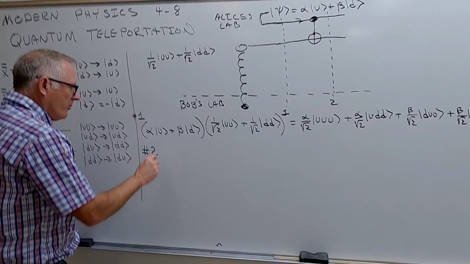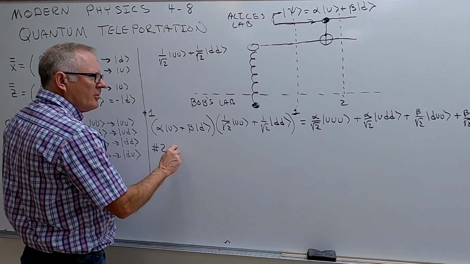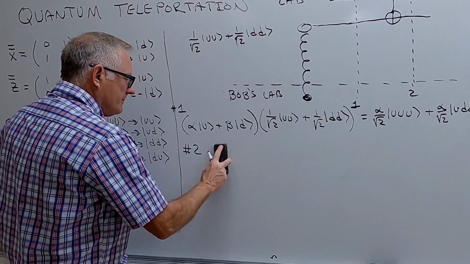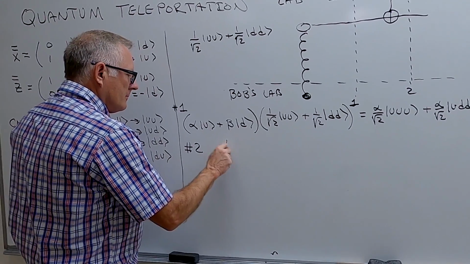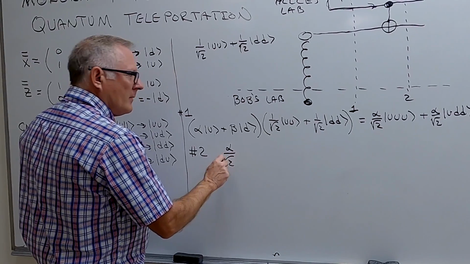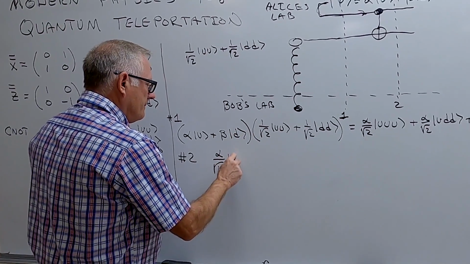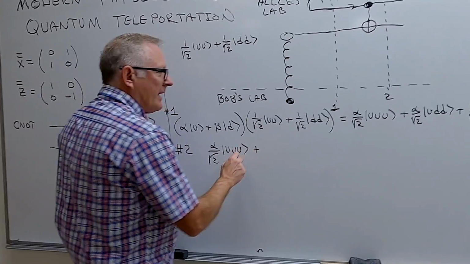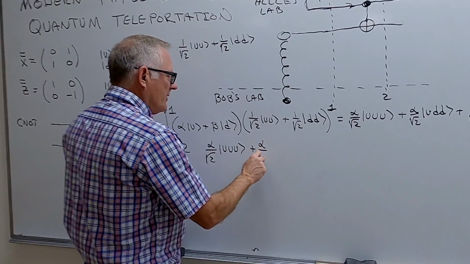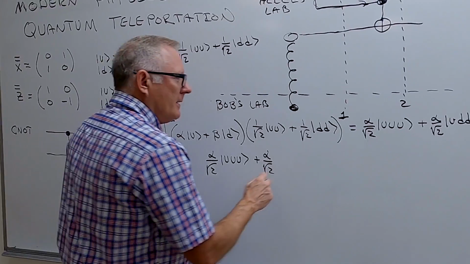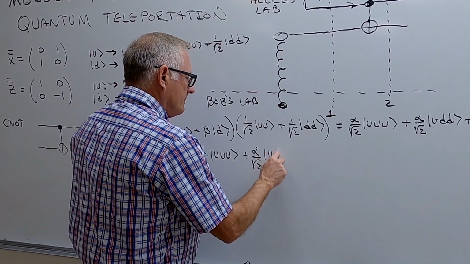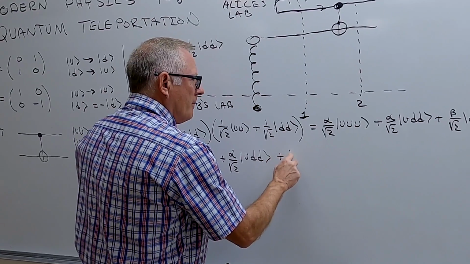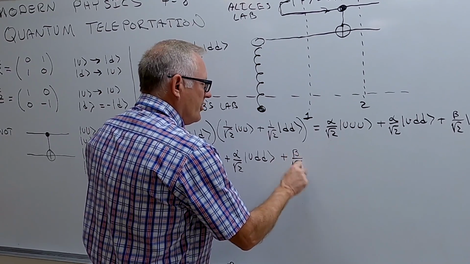So our whole thing then becomes, at number 2, alpha over square root of 2, up, up, up, plus alpha over the square root of 2, up, down, down, plus beta over the square root of 2.